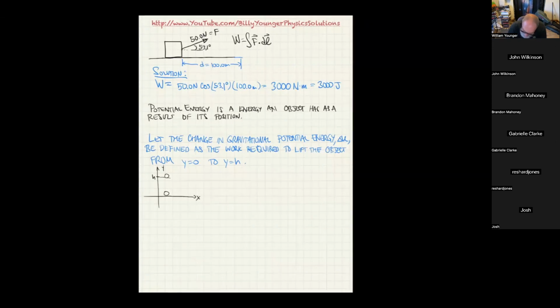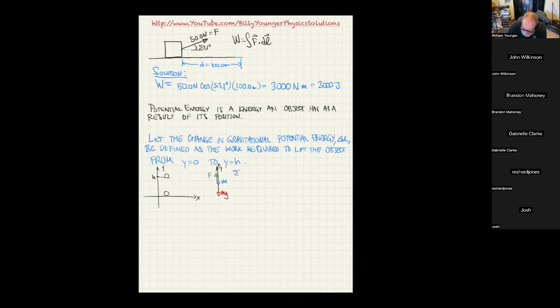Okay, the free body diagram for this shows that I have a positive y-axis that way, and the force I'm going to be applying to it is going to be that direction. And then the force that gravity is applying to it is mg. And of course, its mass is m.